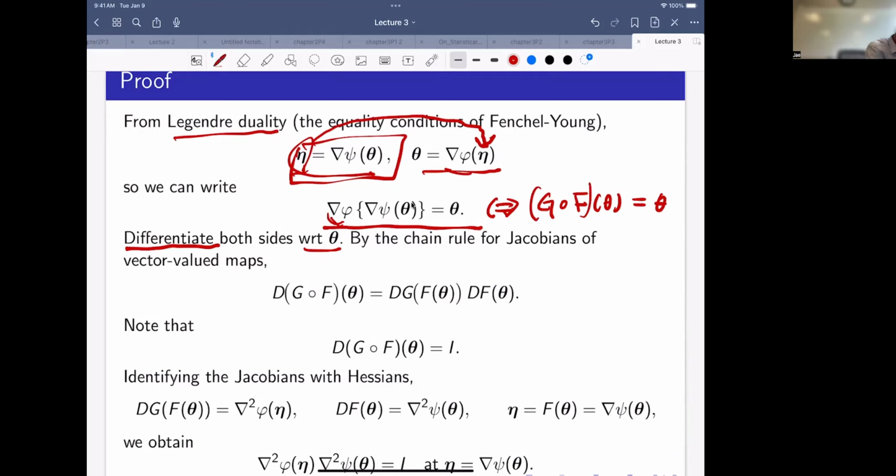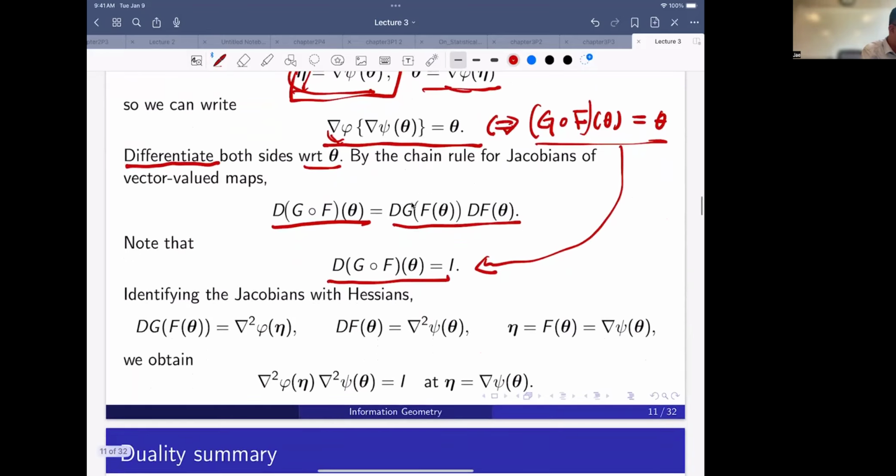First of all, the chain rule says that the differentiation operation will be something like this. And then because this is the identity function, we'll have this identity.